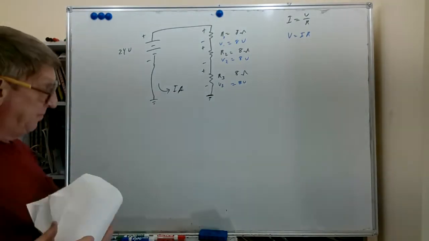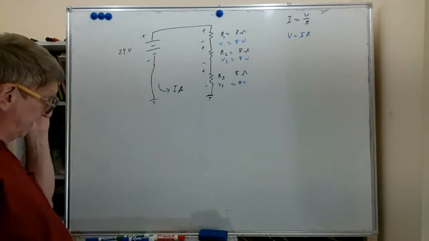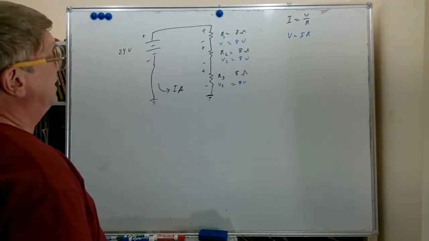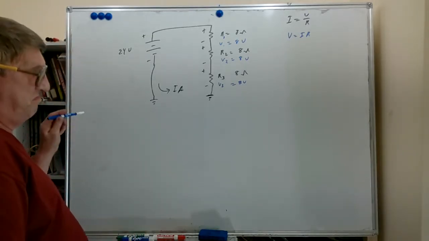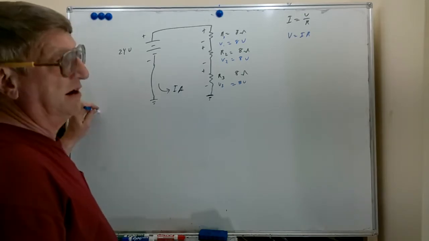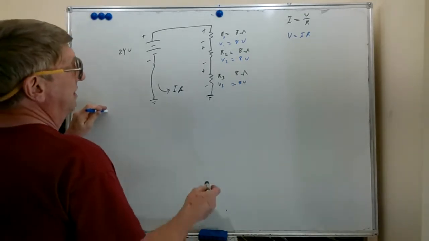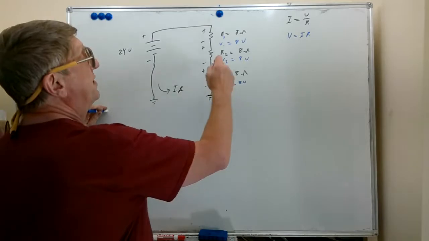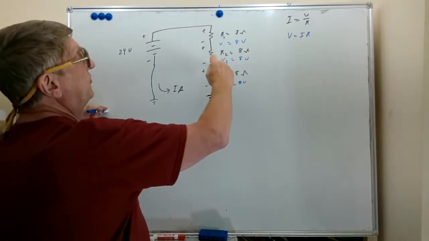That doesn't change the circuit any, but it allows us to put one side of our meter on any ground. Right here would be 0 volts. We move up there, we get 8 volts.